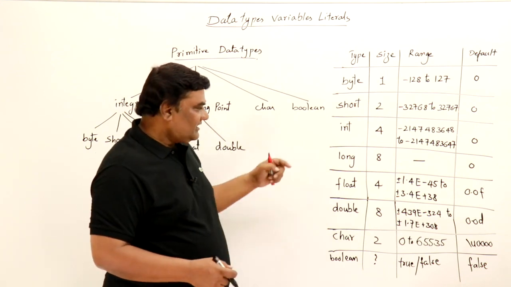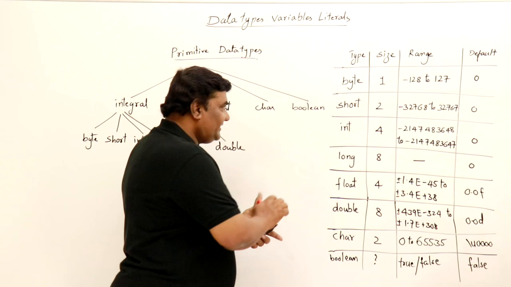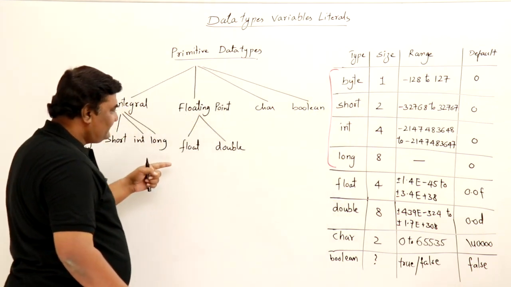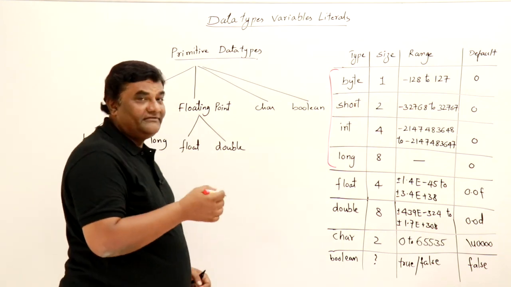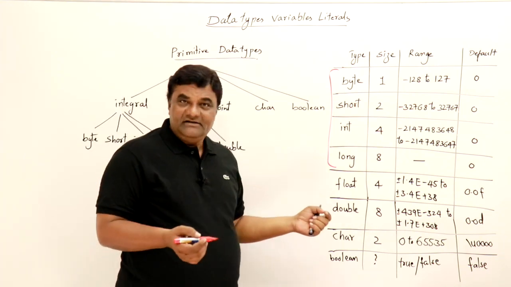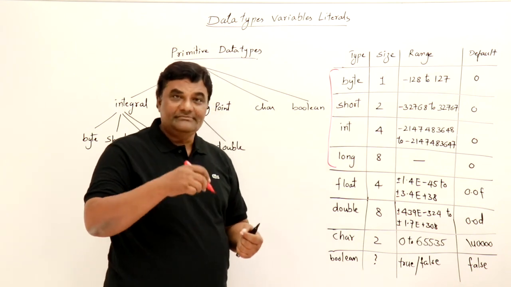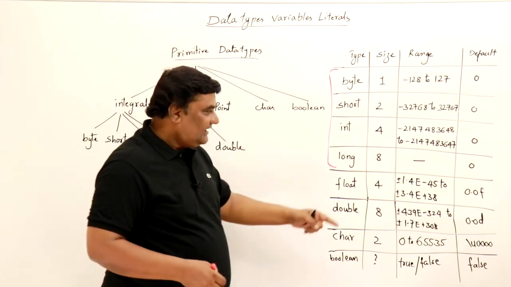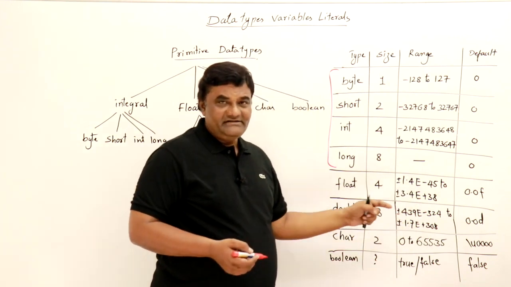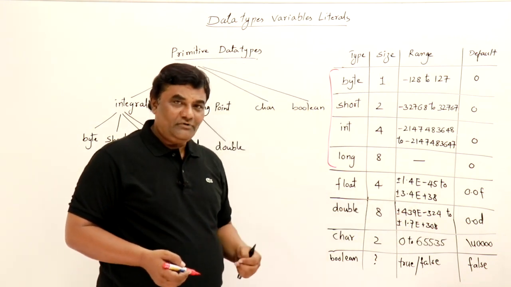Now coming to the next, these are floating point. These were all integral, right? Now next is floating point. These data types support decimal values also. So float and double are similar in the sense that they allow decimal values, both positive and negative. And these are the ranges. If you could remember, it's better. Otherwise it's not that important.